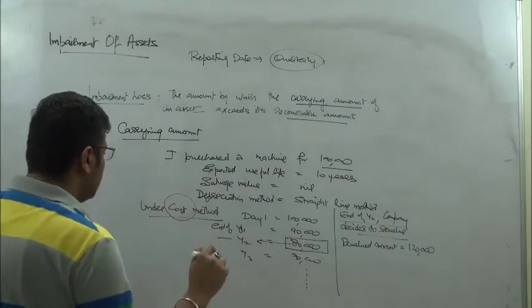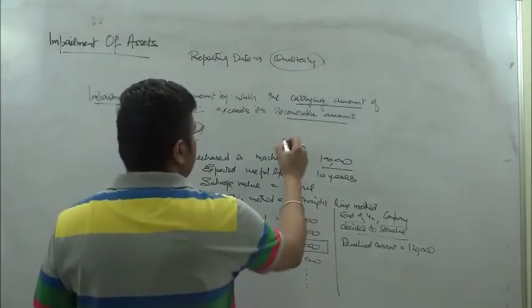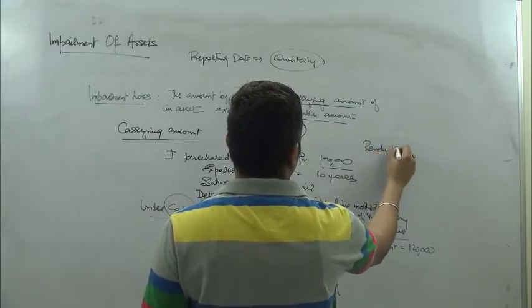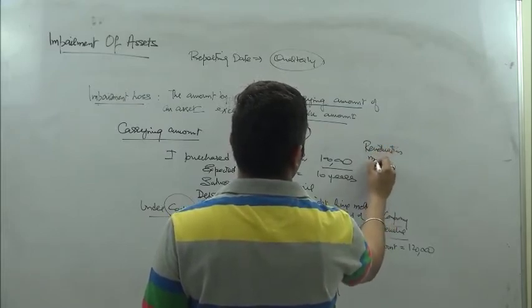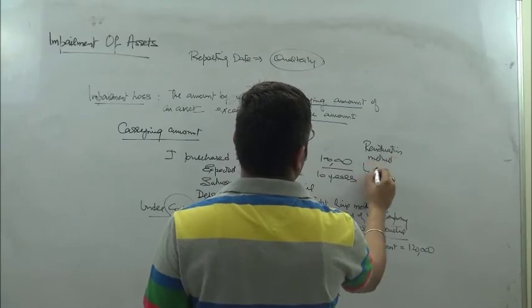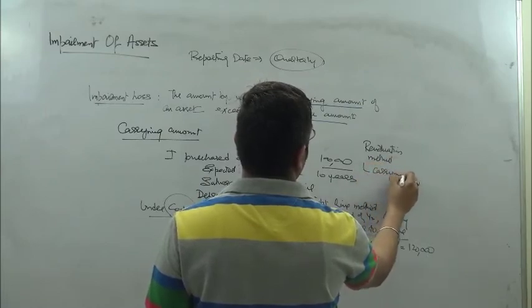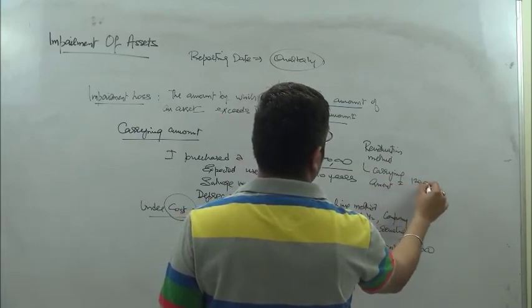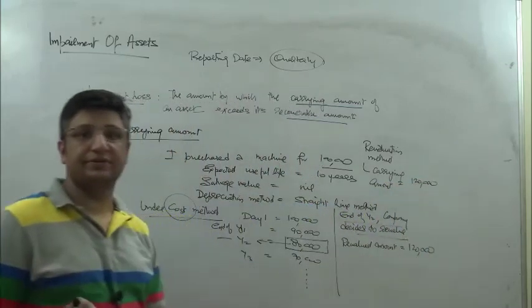That means under the revaluation method, my carrying value, or the carrying amount, is going to be 120,000 here.